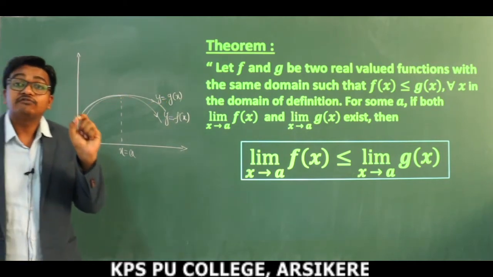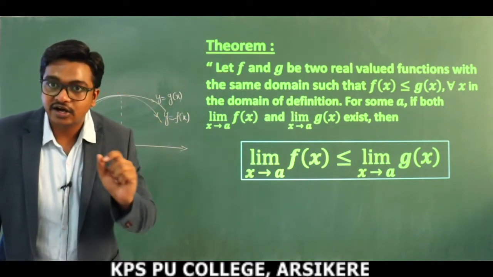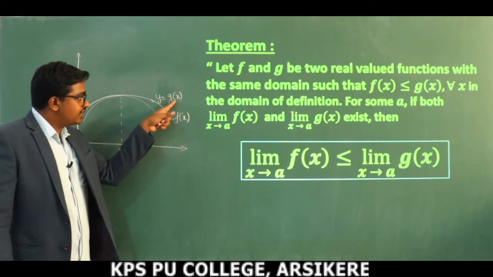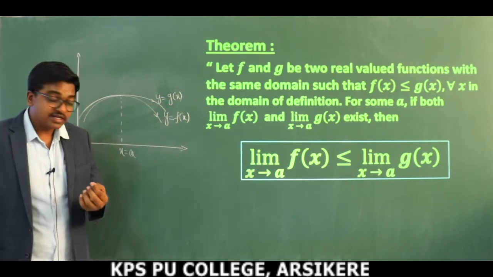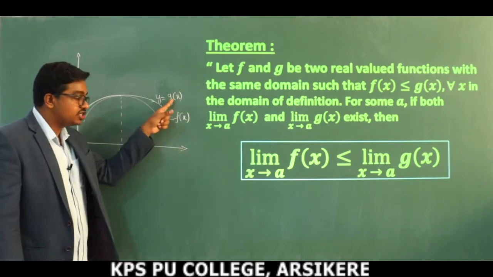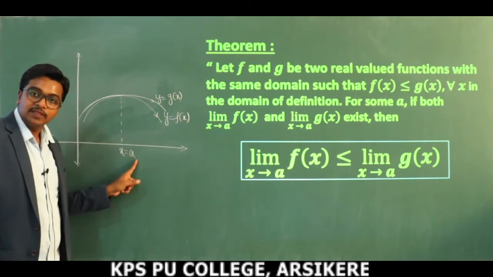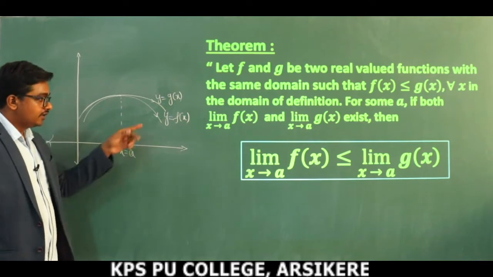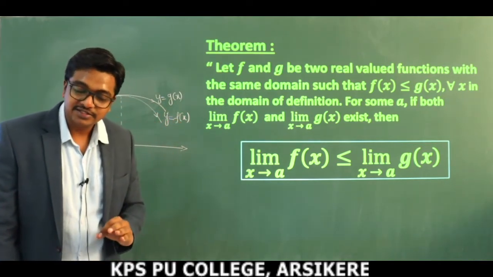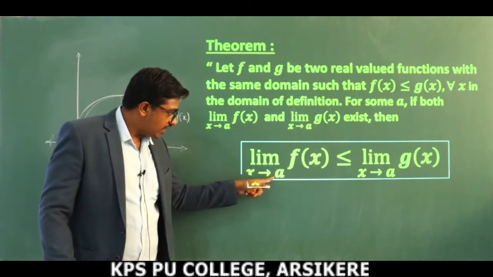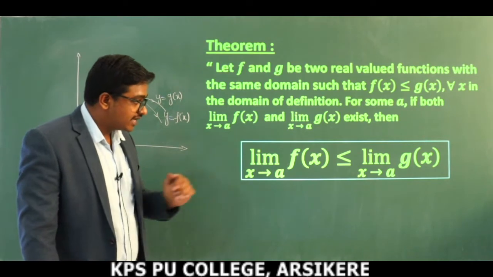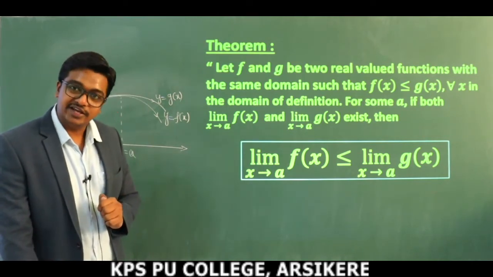It means f of x is always less than or equal to g of x, and both functions have the limit at x is equal to a. Since we already have the condition f of x is less than or equal to g of x, hence limit as x extends to a of f of x is less than or equal to limit as x extends to a of g of x.